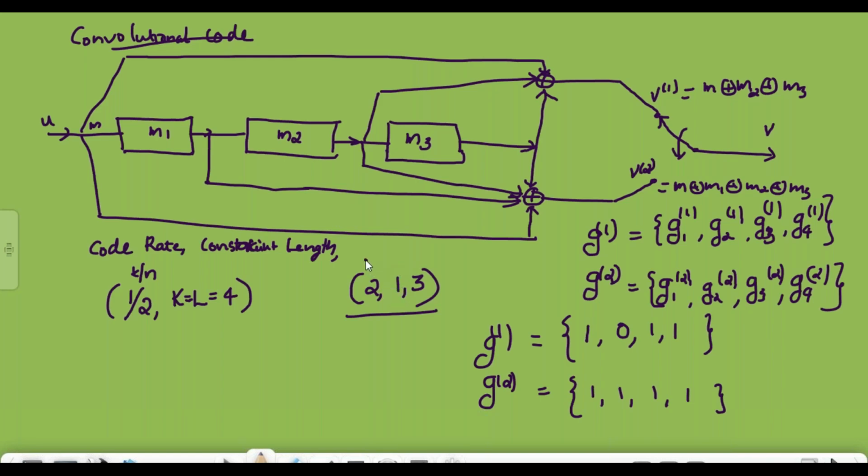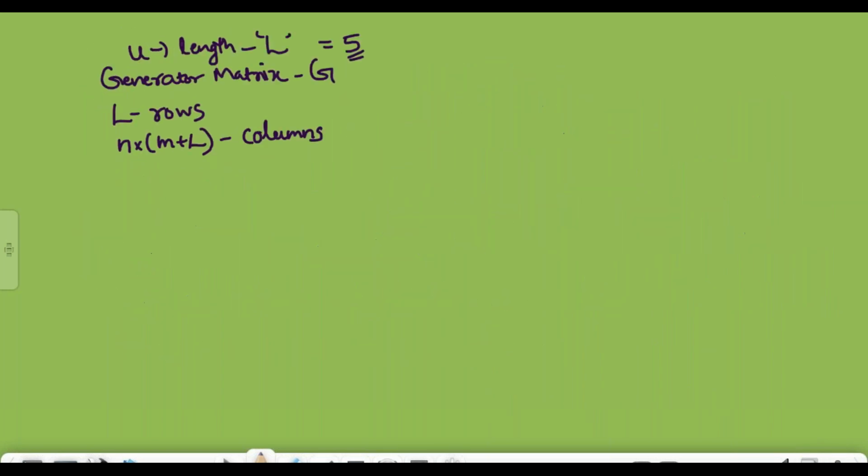Here it is n, k, and small letter m. Here m is equal to 3. Therefore here L is equal to 5, m equal to 3, and n equal to 2.